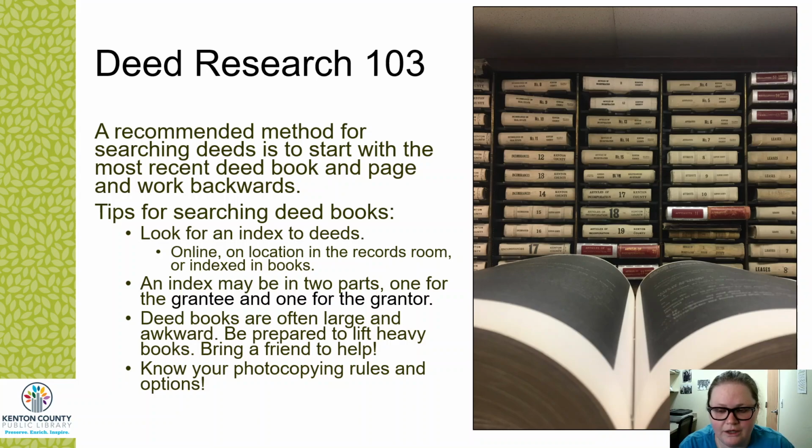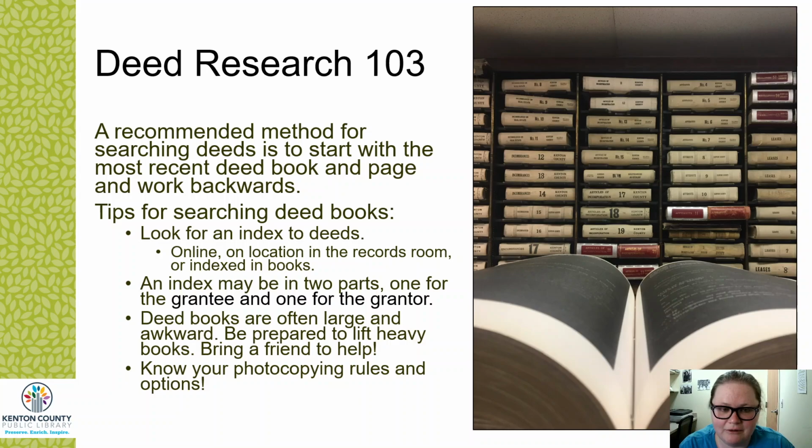One is an index of the buyers, and another is an index of the sellers. If you have someone who's bought and sold a lot of property in an area, you're going to want to compare those indexes to make sure that you haven't missed a property, because indexes aren't always 100% correct. So look at both of those indexing options.